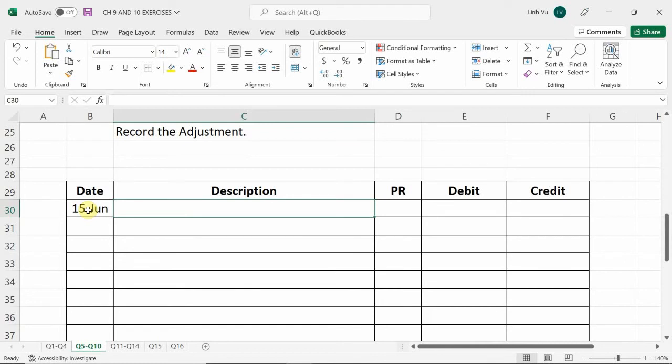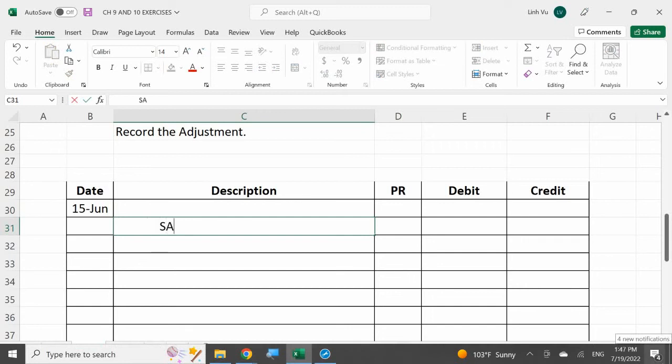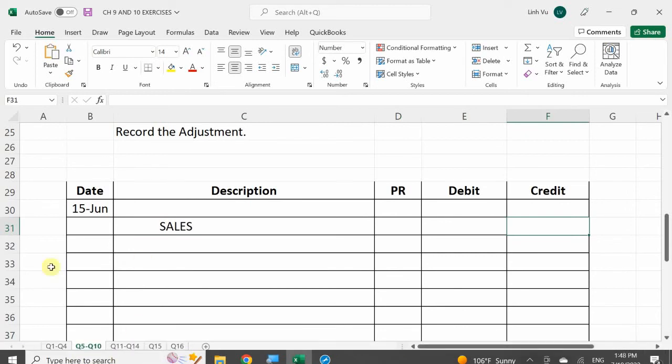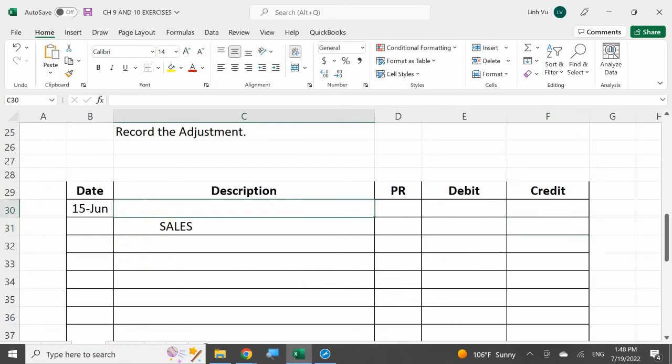So sales is 500. Okay, so we have sales. That's definitely what we have to recognize. You get cash or accounts receivable. Good. And you have sales tax payable.